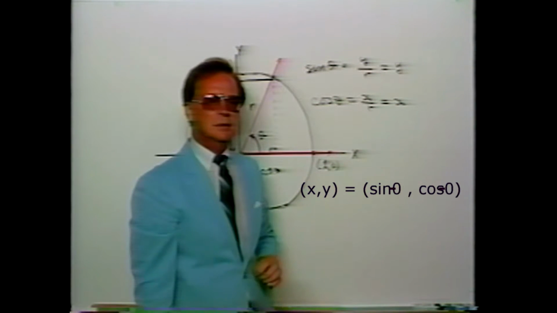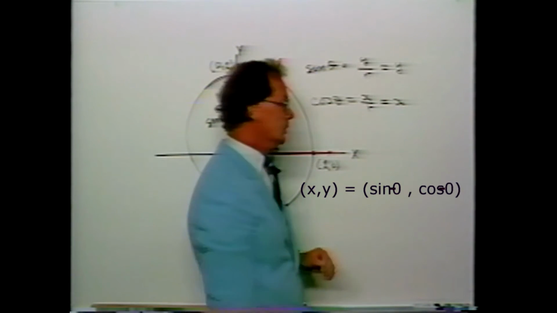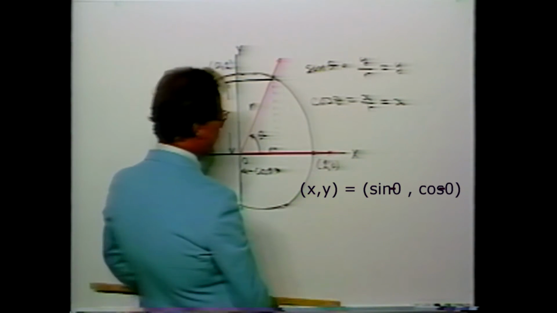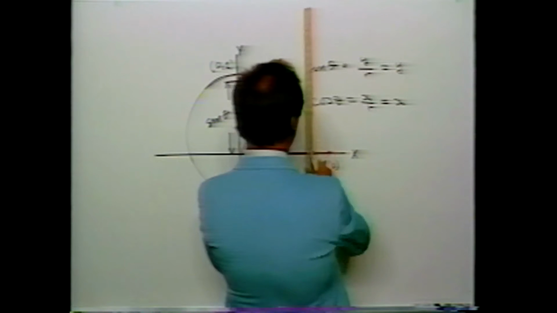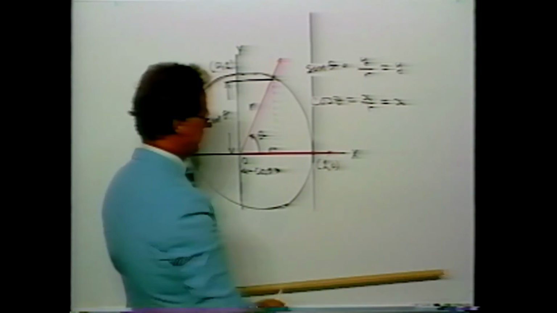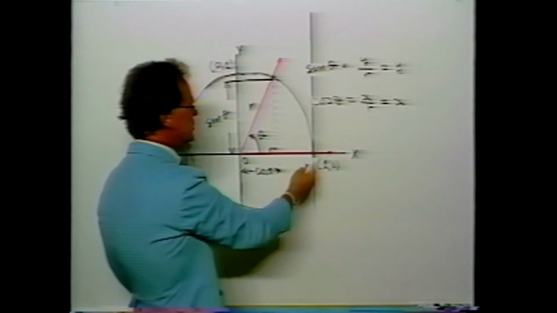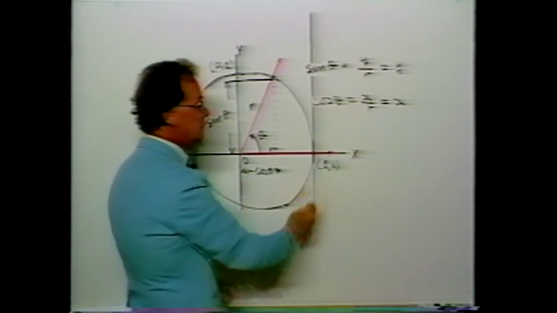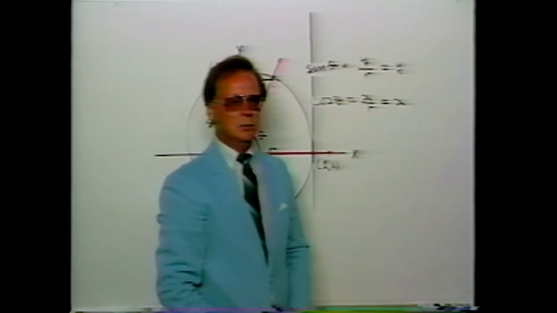The tangent is the vertical length on the tangent line drawn through 1, 0. If I draw a tangent line through 1, 0, like that, you can see it is a tangent to the circle at the point 1, 0.